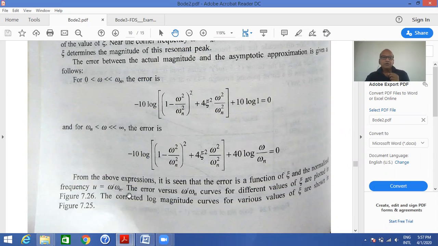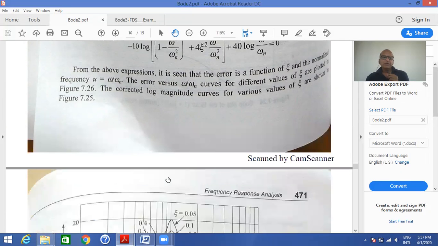From the above, it is seen that the error is a function of zeta, where the value of zeta lies between 0 and 1. Hence the error versus omega upon omega n curves for different values of zeta are plotted in figure 7.26.